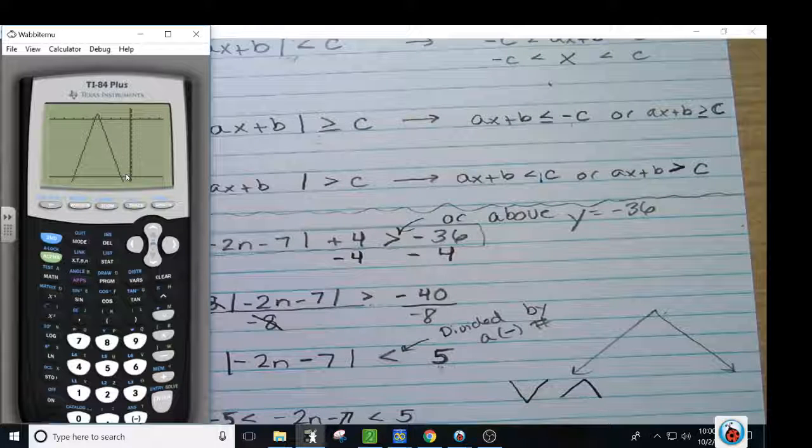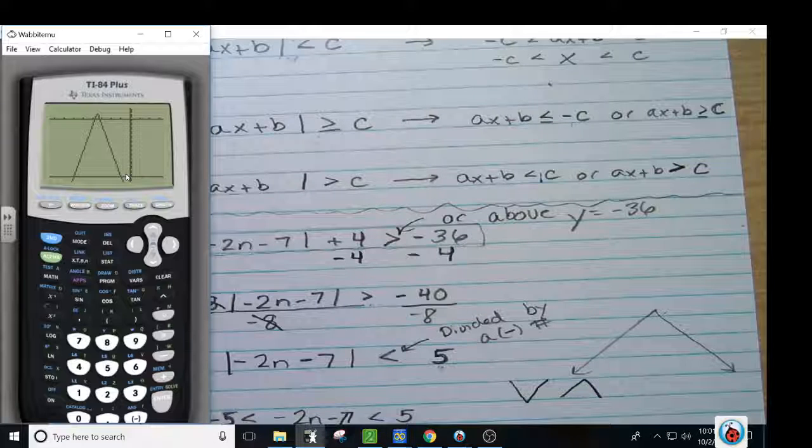Where is the absolute value function above negative 36? Remember, looking at your inequality, they want to know what part of the absolute value function is greater than negative 36, or above negative 36.